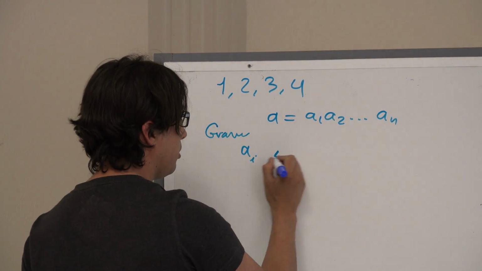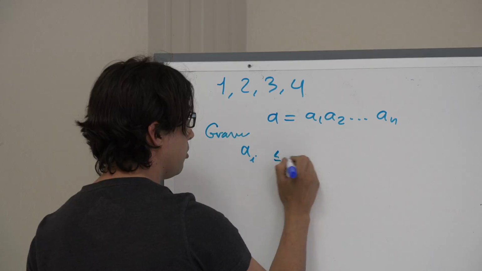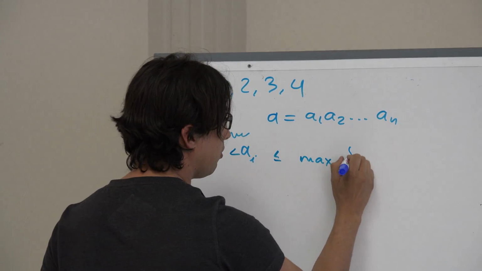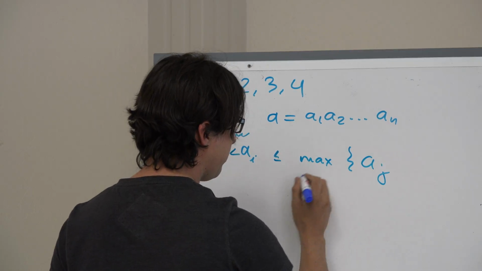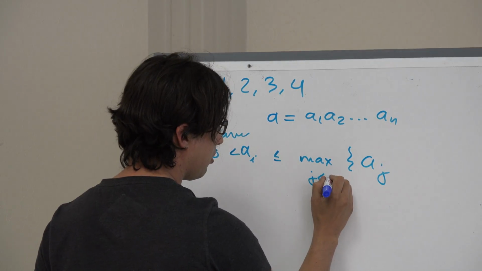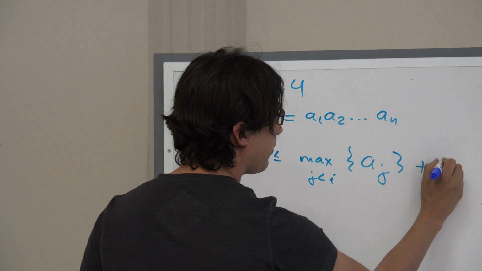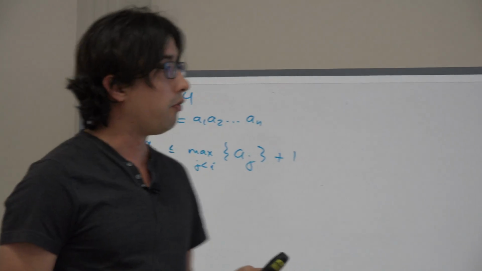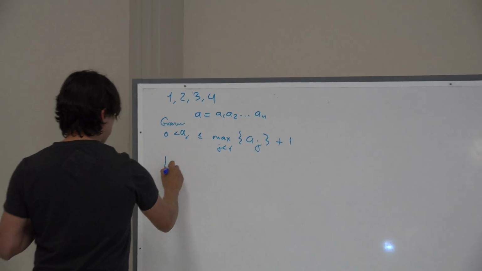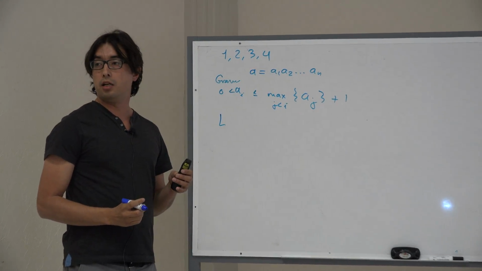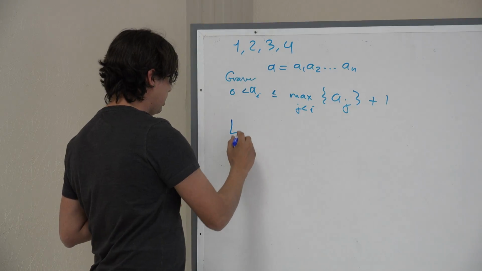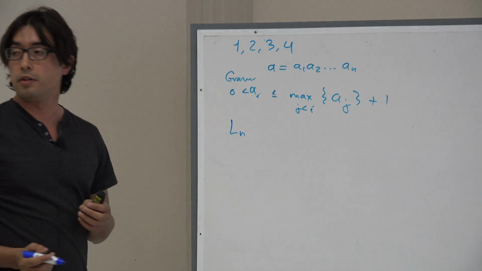The grammar says that each letter is at most the maximum of the previous letters plus 1. For this language, you can take the length of the words, and say that Ln are all the words of length n.